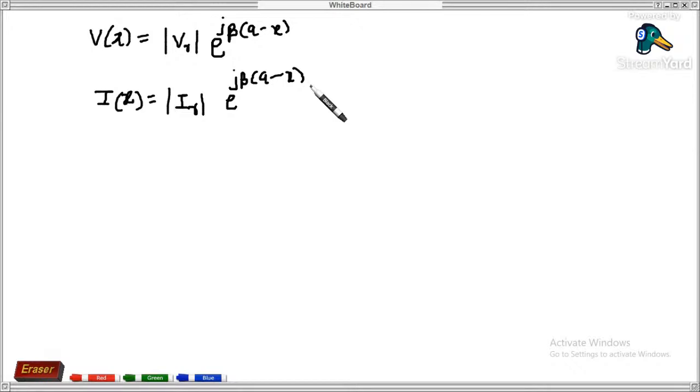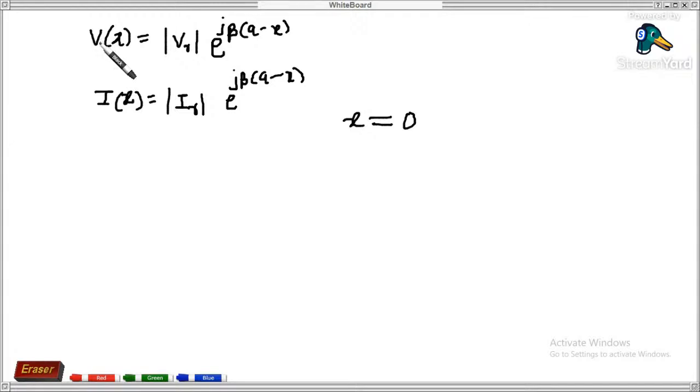Okay. I want to draw the phasor diagram for only the sending end voltage and sending end current. Then what should be the value of x for the sending end? 0. Just put it here.